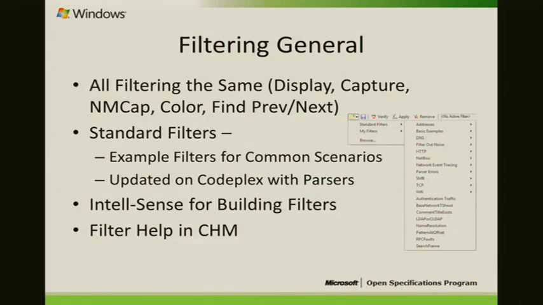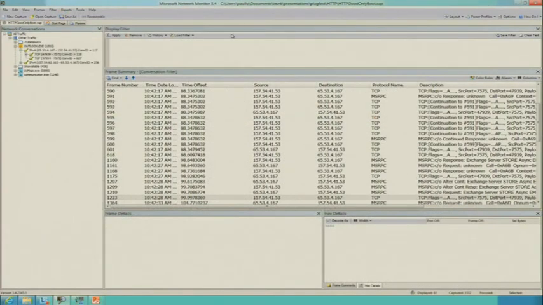And then finally, the last two things are IntelliSense for building filters and Filter Help. You probably saw the IntelliSense, but I'll show it again. When you build a filter, you might not know where to start. So the first one is IntelliSense.